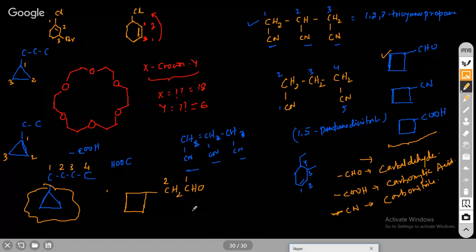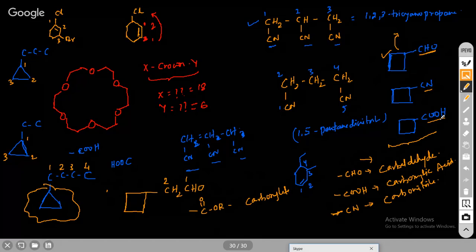If it is C double bond O, OR, then it is carboxylate, alkyl carboxylate basically we write. So this will be cyclobutane carbaldehyde. Get this? Cyclobutane carbaldehyde, cyclobutane carbonitrile, cyclobutane carboxylic acid.